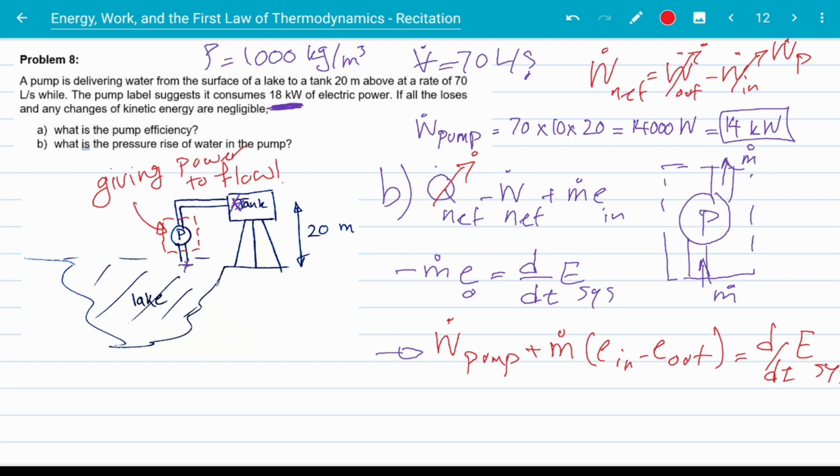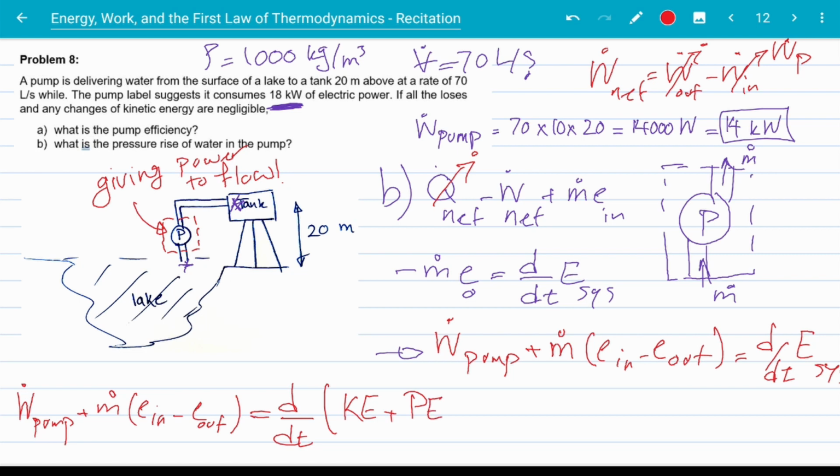Now let's expand that. W dot of the pump plus m dot times E in minus E out is equal to d/dt of kinetic energy of the control volume plus the potential energy of the control volume plus the internal energy of the control volume.